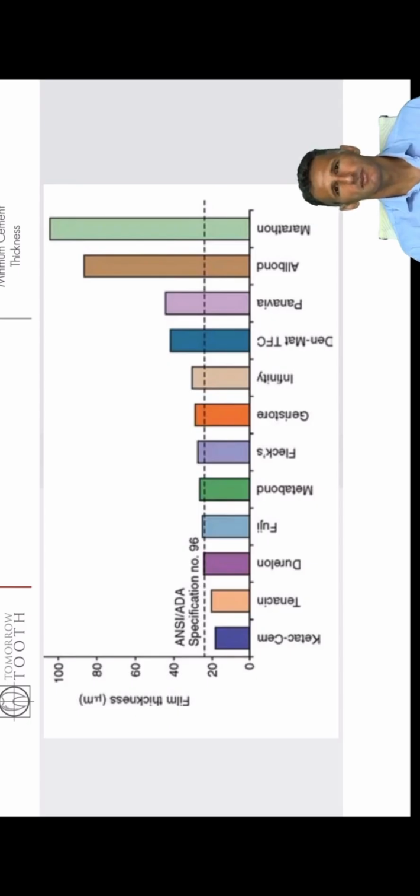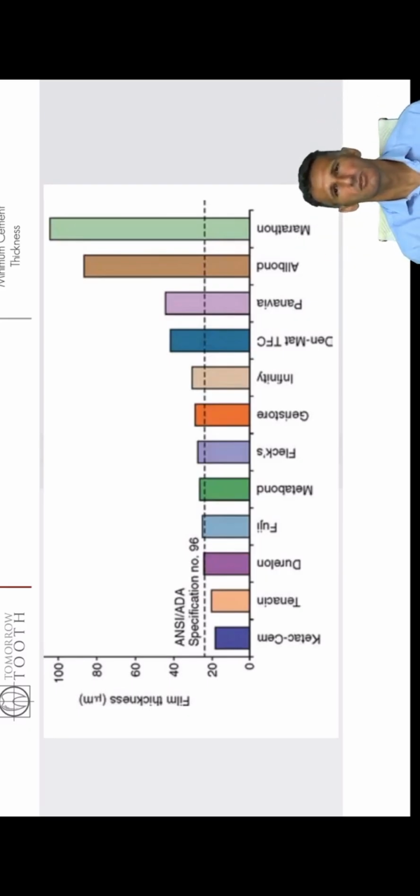So what is the point? The point is that if you're using a cement whose minimum film thickness is, let's say, 50 microns, but the space that we have between the tooth and the crown, because of our vertical preparation, is, let's say, 25 microns, there is a problem, because the cement is 50 microns, the space is 25 microns. How is it possible for something bigger like this to go inside this one?